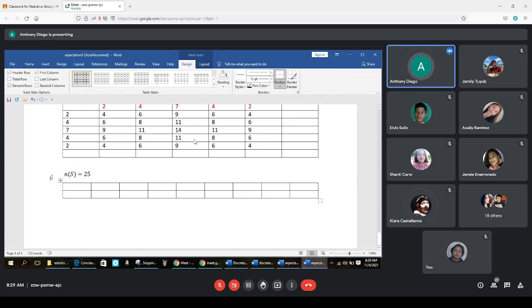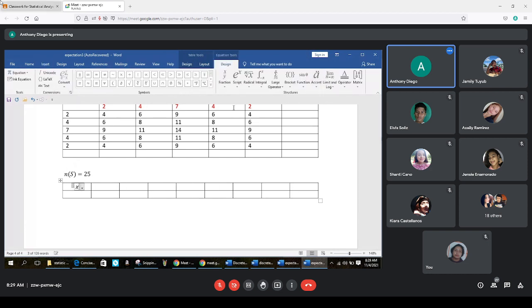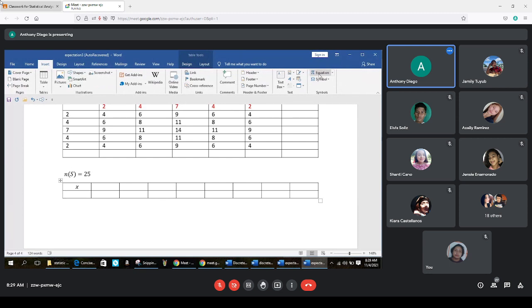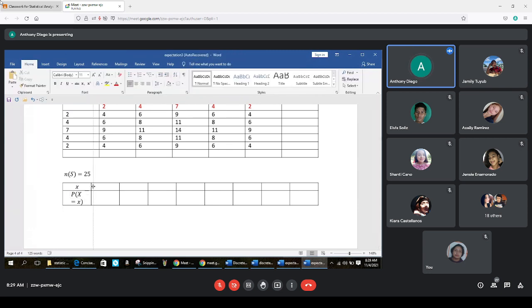So in here, we're gonna have our X values. And then in here, this will be the probability, big X equals small x.